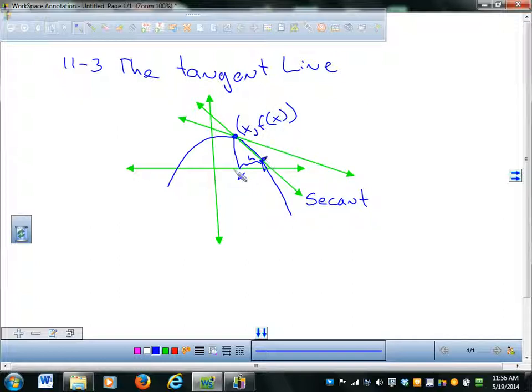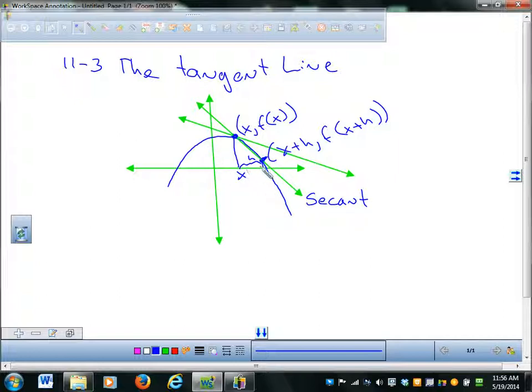This point over here, if I move over h, it's going to have the coordinates x plus h comma f of x plus h. You guys understand that? Because if I move over h, the x coordinate at this point is x plus h, and the y coordinate is going to be f of x plus h, which is what I get when I plug in x plus h into whatever my function is.